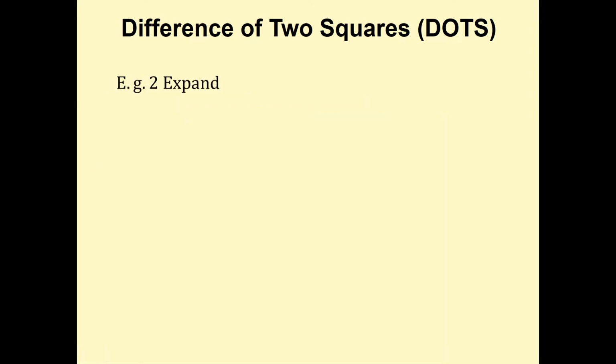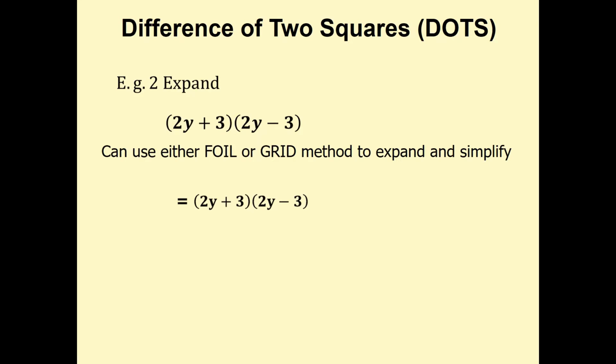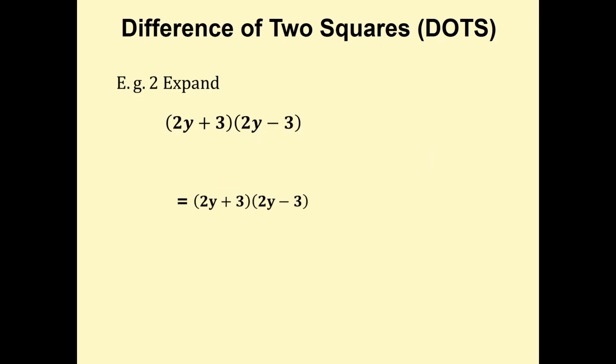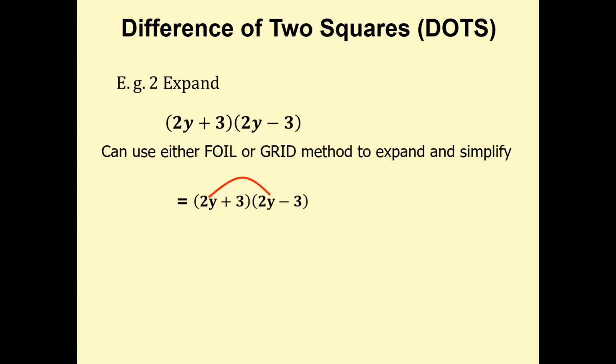So we'll have a look at another example. It says expand. If the question says expand, you must always simplify that. So it in fact is asking to expand and simplify. So if you're given this question 2y plus 3 into 2y minus 3, so using either of the two methods, we can expand and simplify. So using the FOIL method, you can draw a grid if you like. So 2y times 2y is 4y squared. 2y times negative 3 is negative 6y.